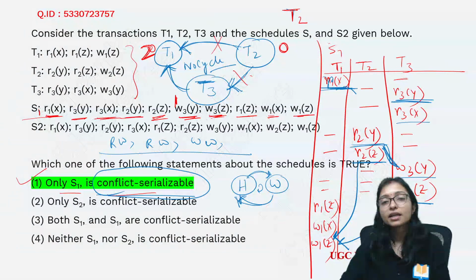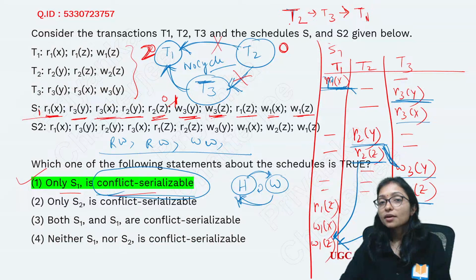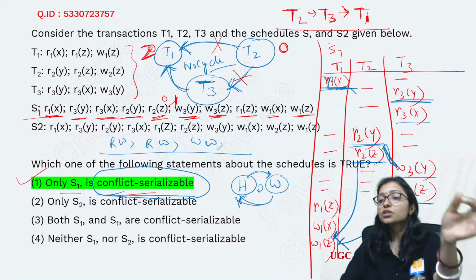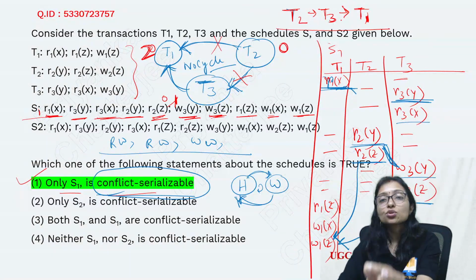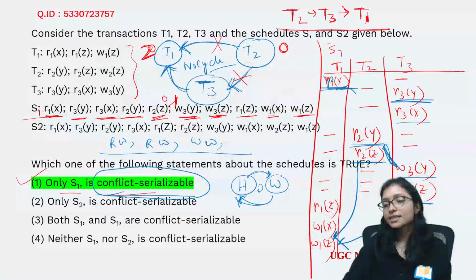After that you eliminate this one with 0, then T3, then T1. This is called serial, meaning you can arrange them serially. First T2 is doing work, then T3, then T1.